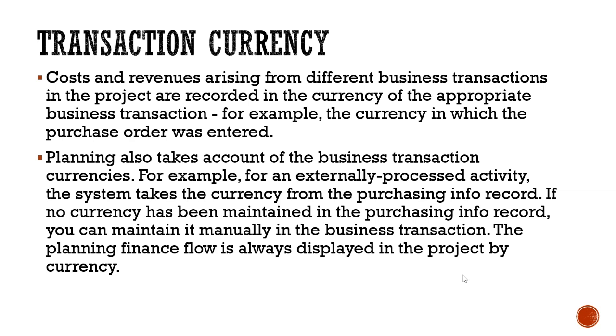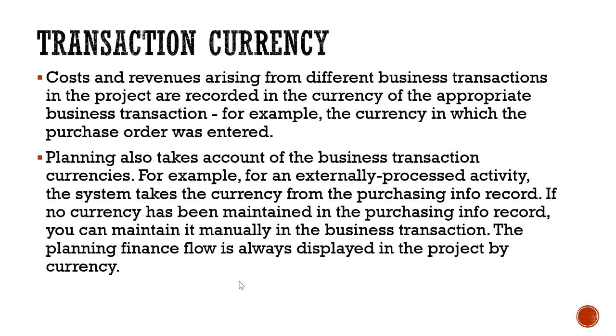So in this scenario, my procurement can be of different currency. I procure something from America, so that transaction currency will be in dollars. I procure something from India itself, so that currency will be in rupees. I procure something from Germany, that currency will be in GBP. And so in this way, my currency will be different when I incur some cost.